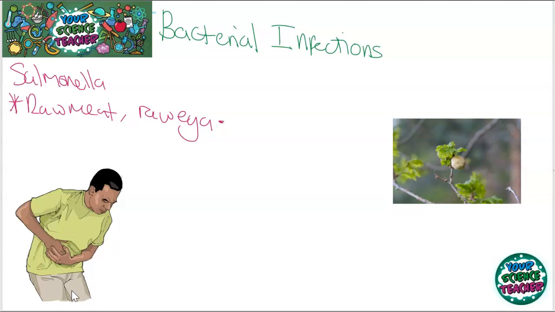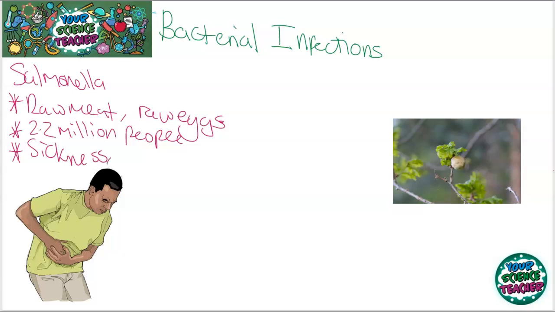Now, it's thought that worldwide around 2.2 million people die from bacterial infections such as salmonella that you get from eating raw meat and raw eggs. Now, in the UK, to prevent salmonella, the chickens and poultry are injected with a vaccine that stops the salmonella. Common symptoms of salmonella include sickness and diarrhea.